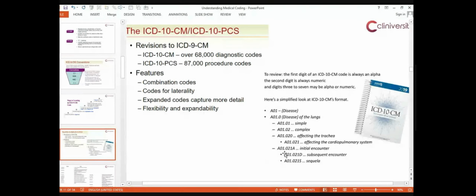Similarly, you can see A01.021A is the initial encounter, 021D is the subsequent encounter, and 021S is indicating sequela. This is, for example, a patient having a heart attack for the first time. The patient was treated with a certain treatment process, and later on they experienced another sequela of it.